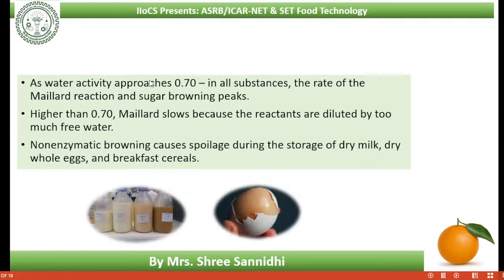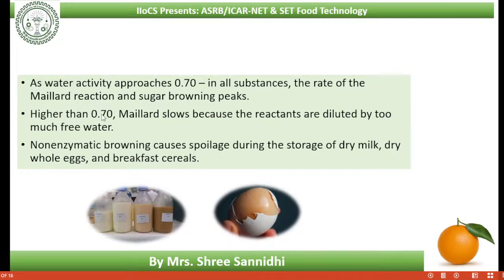As water activity approaches 0.70 in all substances, the rate of the Maillard reaction and sugar browning increases. Okay, so that's why water activity is very important in controlling undesirable Maillard reactions. So water activity about 0.7 will trigger the Maillard reaction.